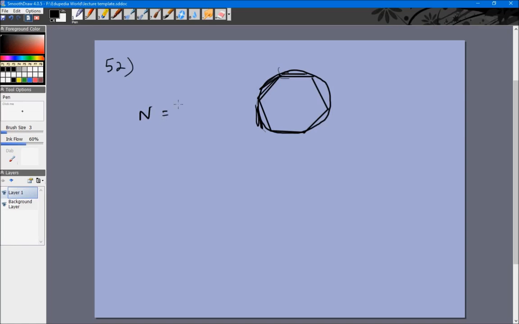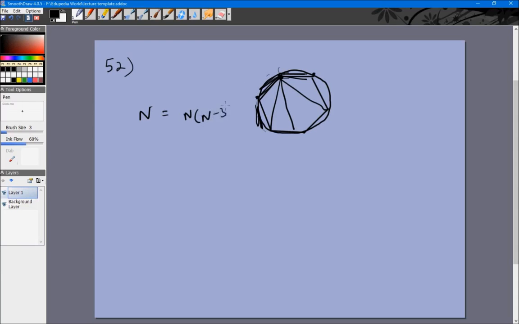Now the number of red lines is interesting. That is all the other lines. So you take this point, it can't have a line with this and this, those are blue, but this line, this line, this line, all these would be red. So you take any point and you are left with n minus 3 other points. You can't take that point, you can't take the adjacent 2 points.